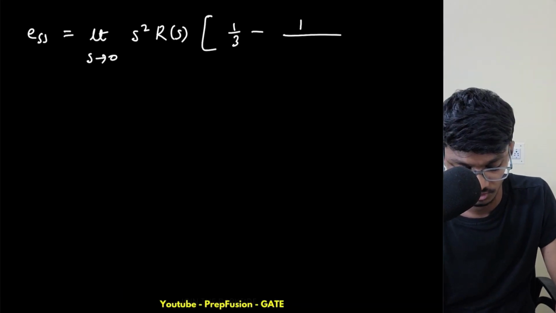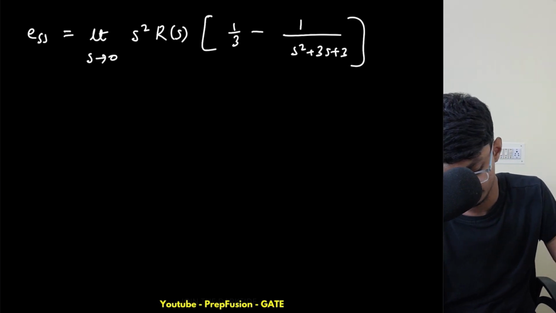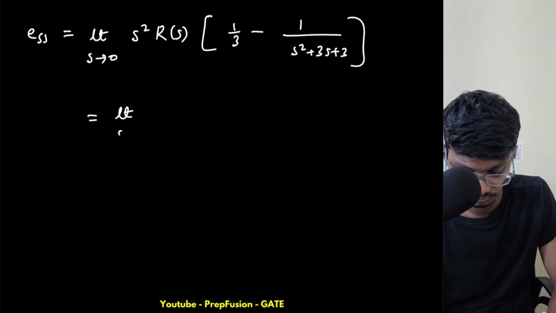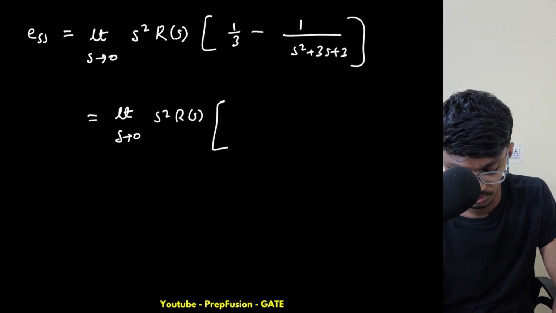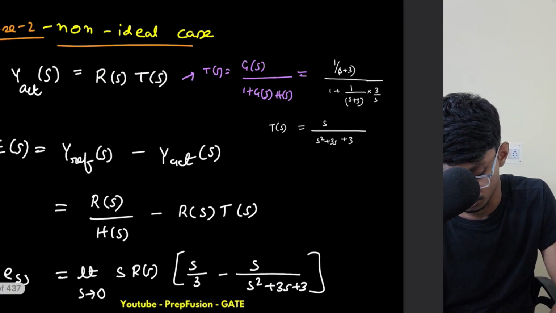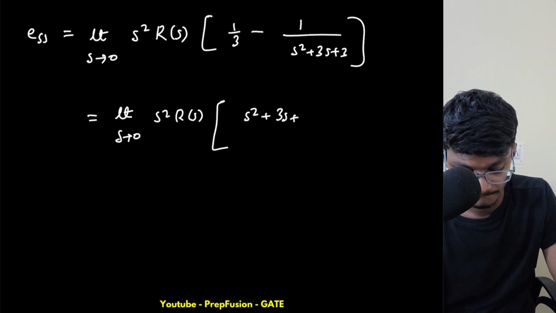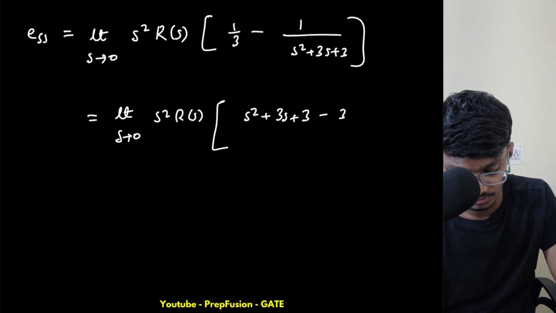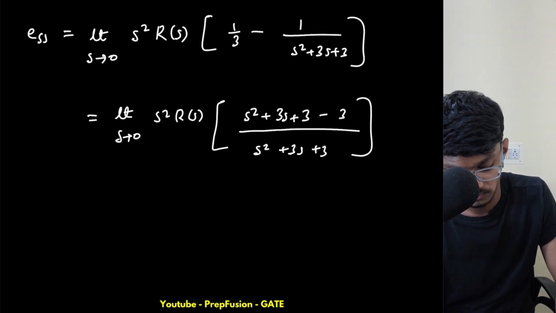1 by 3 minus 1 by s square plus 3s plus 3. Limit as s tends to 0, s square into r of s. So in the numerator I get s square plus 3s plus 3 minus 3, divided by s square plus 3s plus 3.